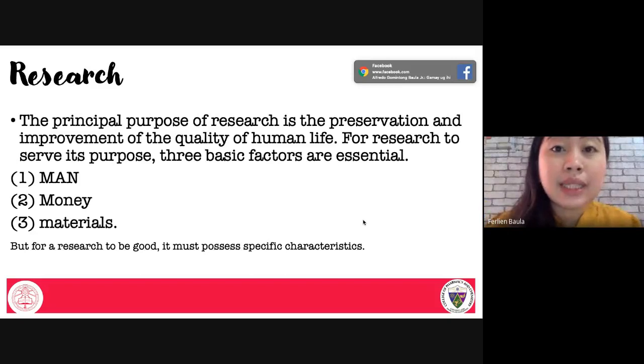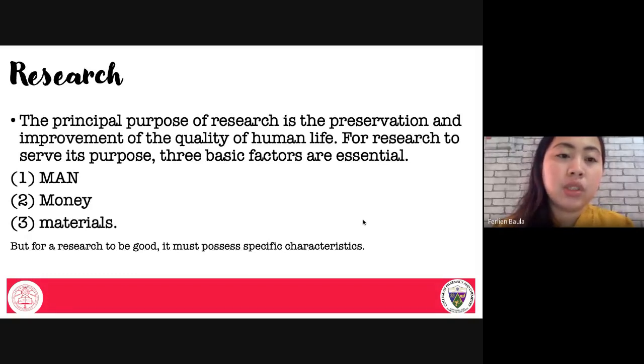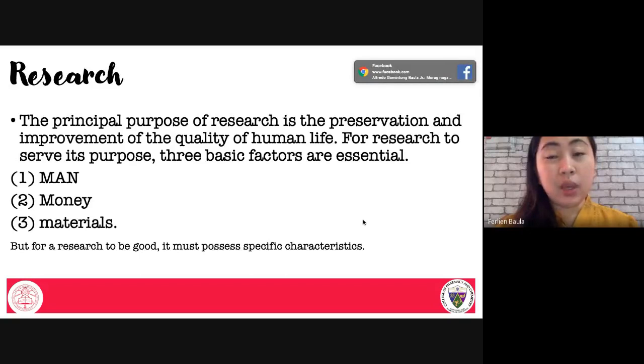Second is money. If we don't have money, we cannot push through with our endeavors in research. So money can come from our institutions if you're in the hospital, or you can be financed by government agencies like the DOST, or we can have PCHRD or other government institutions.